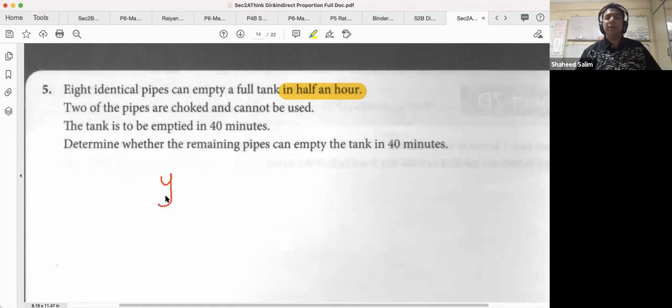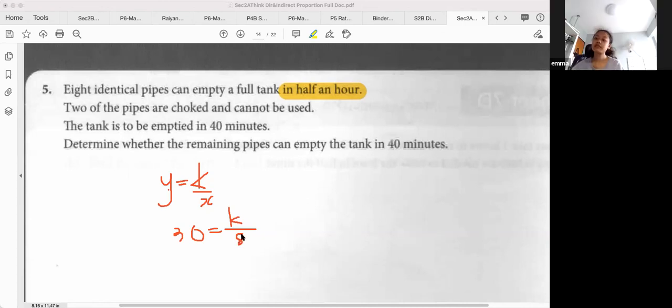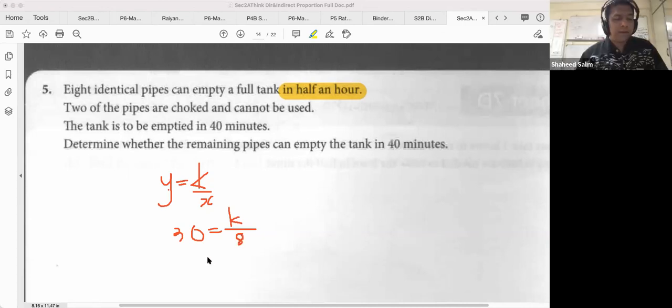So Y equals K over X. Now here, X is the number of pipes, sometimes the number of people. So we know what this is: 30 minutes equals K, which we do not know, divided by 8. So we can find now what K is.